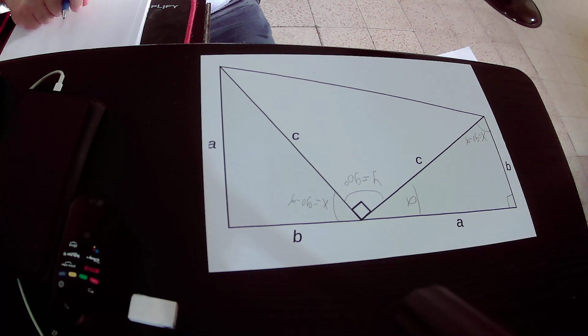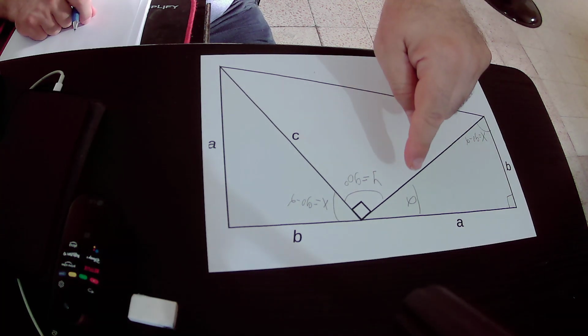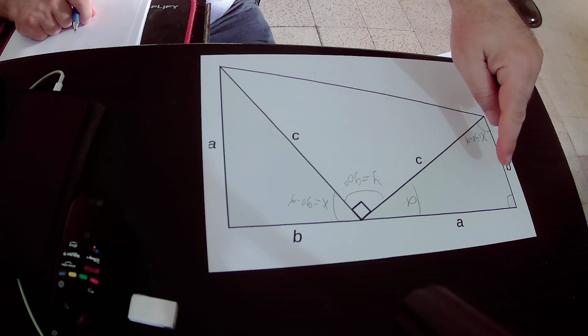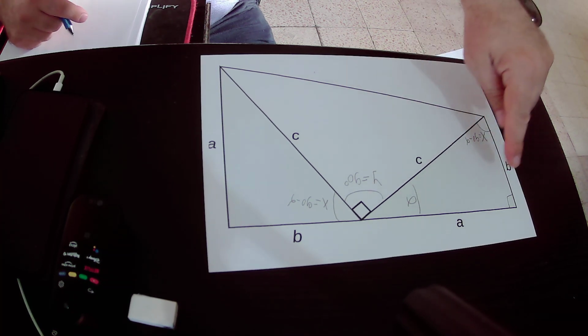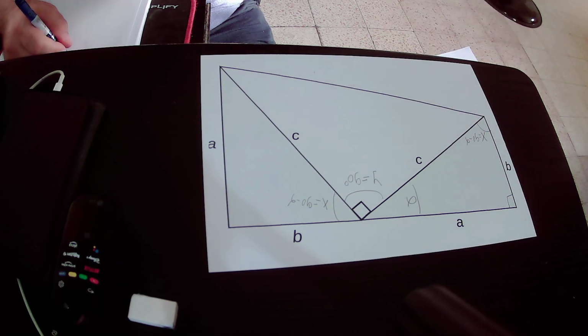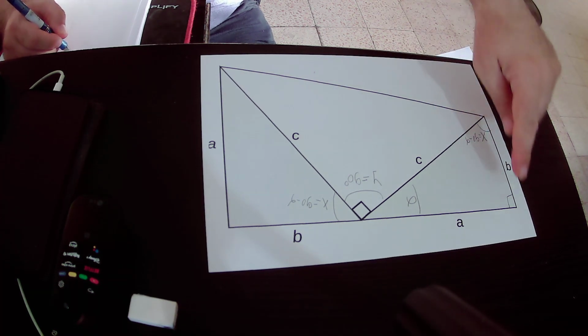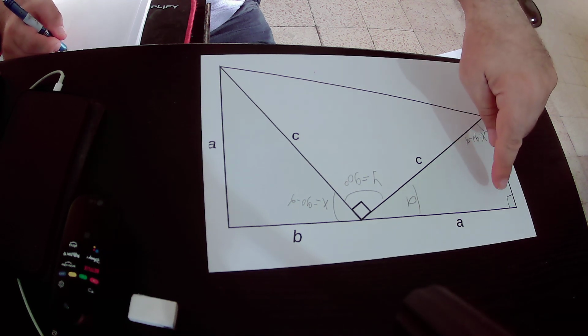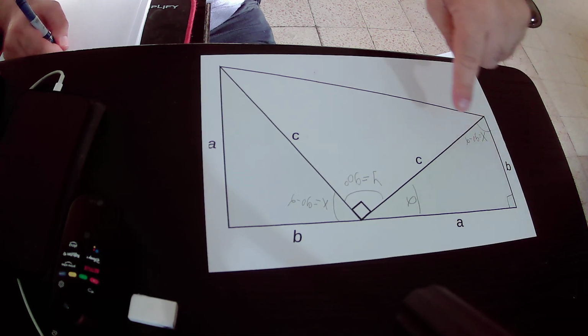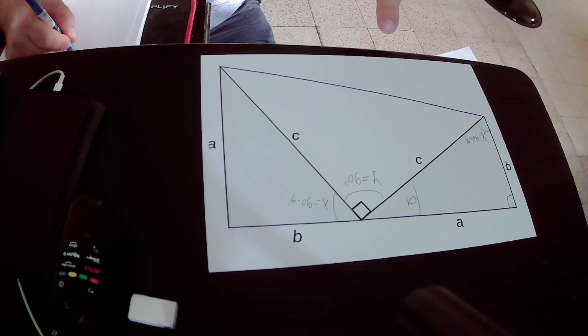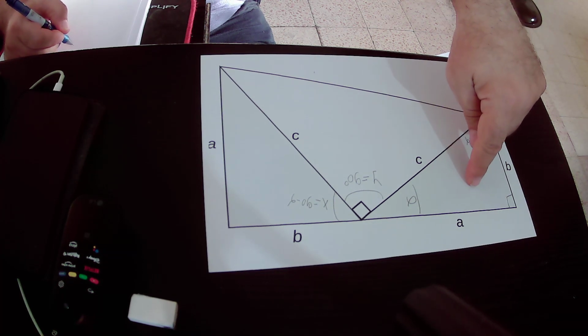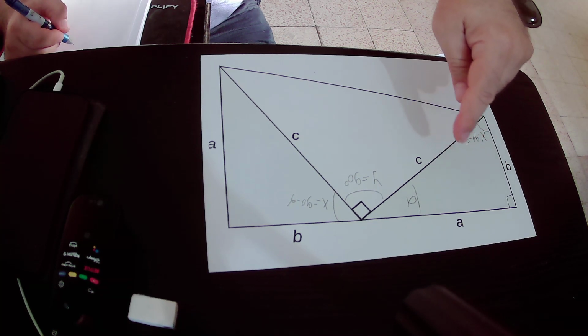The area of this triangle equals the base of the triangle times the height to this base. So the base of this triangle equals A, times the height to the base, that is B, divided by 2. So the area of this triangle is A times B divided by 2.